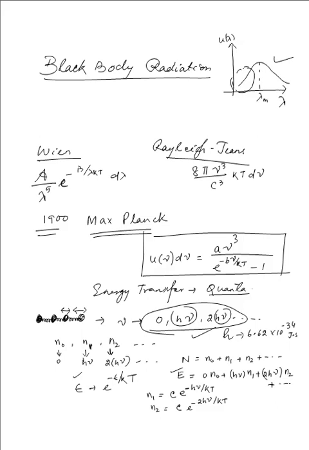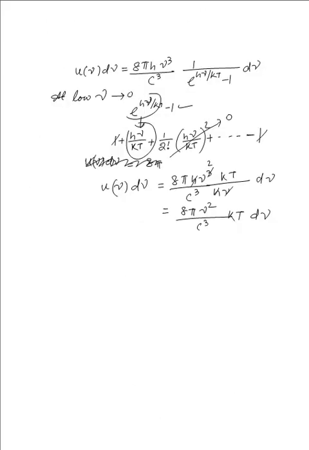My bad, I've written it incorrectly over there. So this is 8 pi nu squared instead of nu cube. This is squared instead of cube. So this is exactly what we are getting over here.